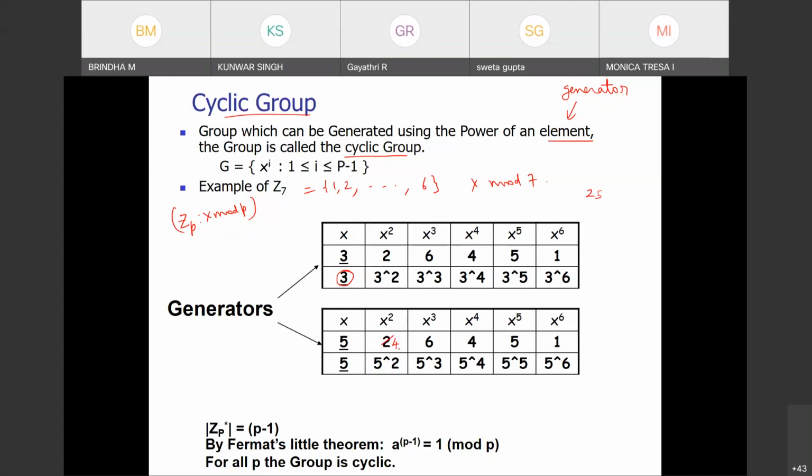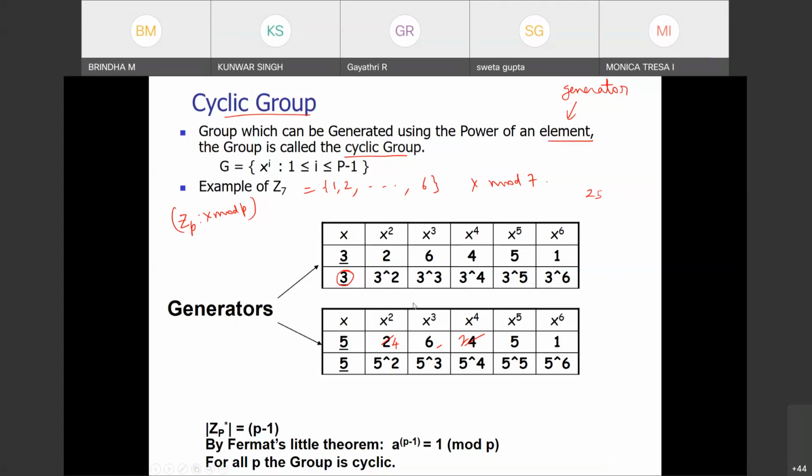And 4 into 5 is 20, 20 modulo 7 is 6. Correct. 6 into 5 is 30, 30 modulo 7 is 2. So what I'm saying is the generator may be more than one.